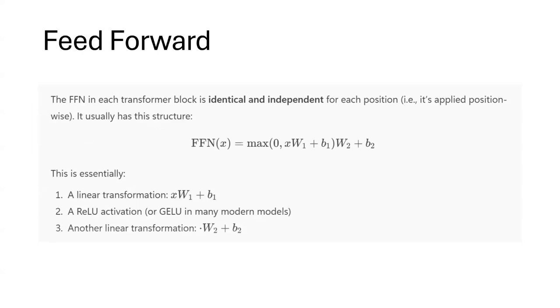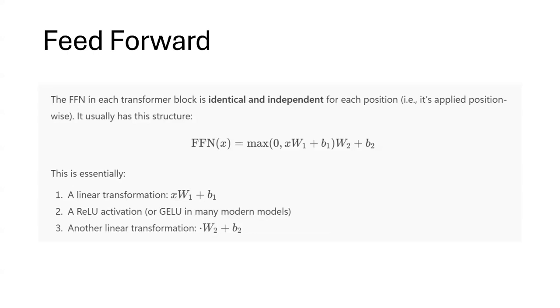After that, the output is passed to the feed forward network. The FFN in each transformer block is identical and independent of its position. It is position-wise. It usually has this structure: max(0, xW1 + b1)W2 + b2, something like this. What is the meaning of this? Basically, three things happen here.